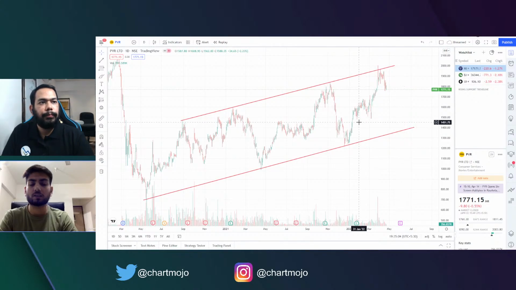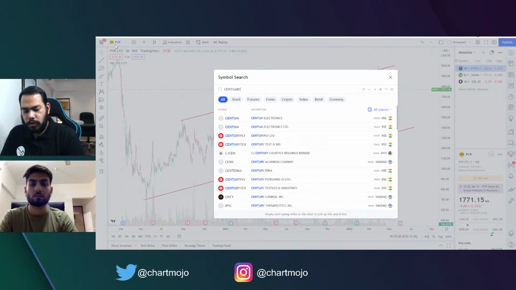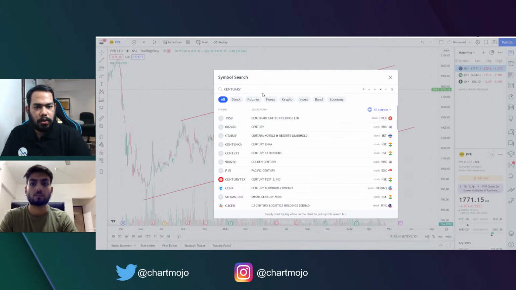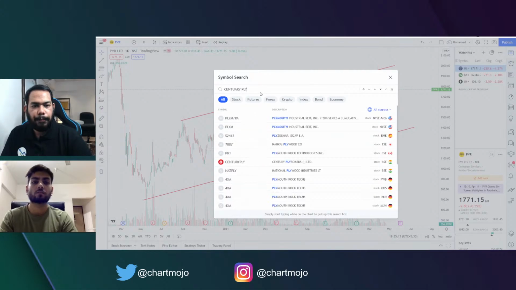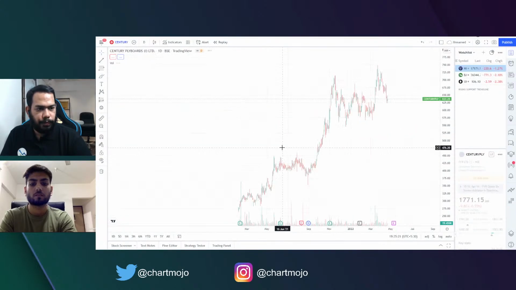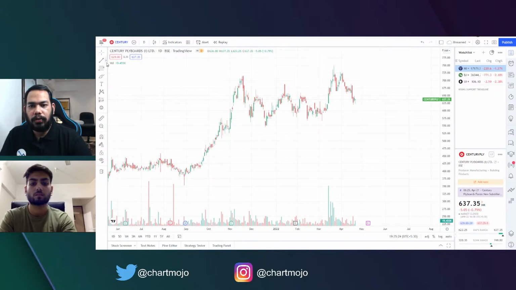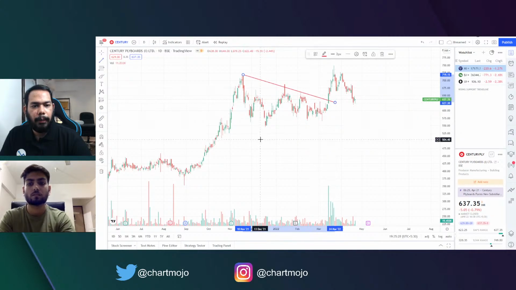The next stock is Century Plywood. Yes, so Century Plywood has given a breakout. There was a symmetrical triangle pattern forming up.